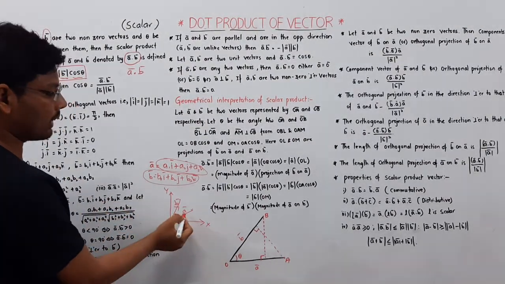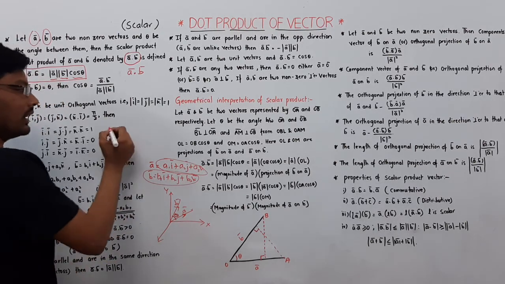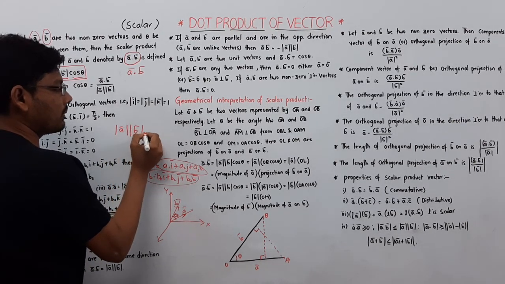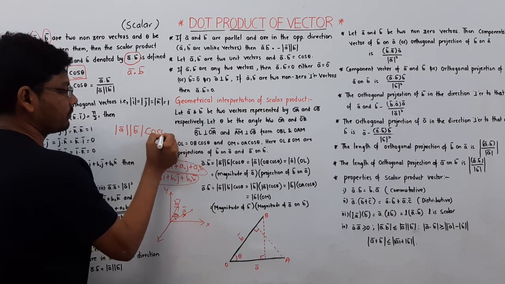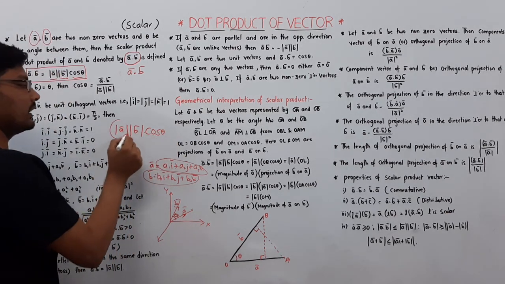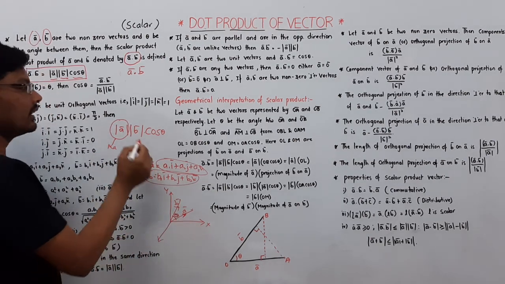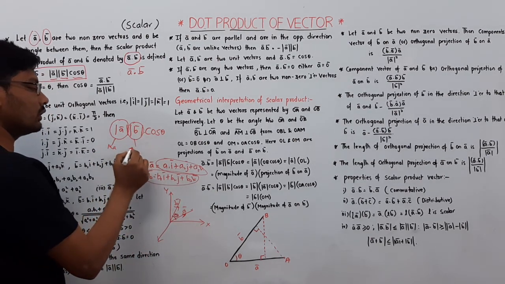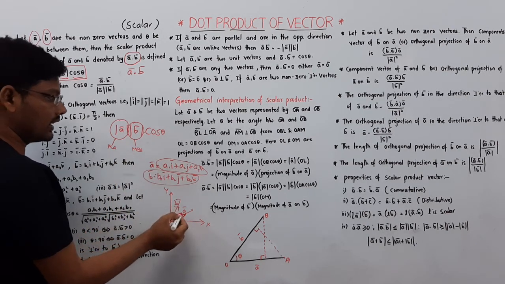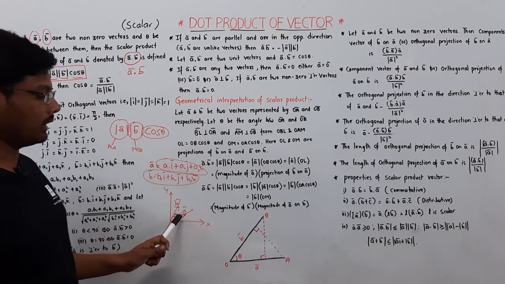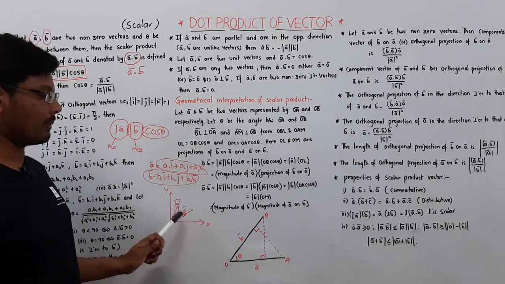Here modulus of a bar is the magnitude of vector a bar and modulus of b bar is the magnitude of vector b bar, and theta is the angle between the two vectors a bar and b bar.